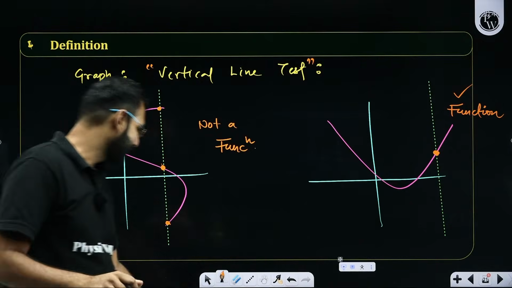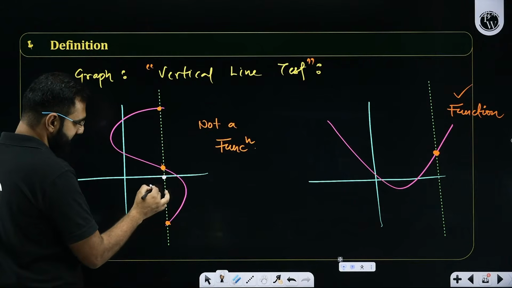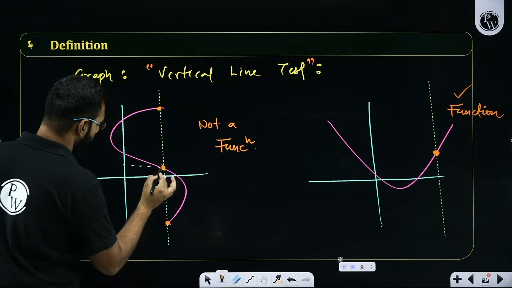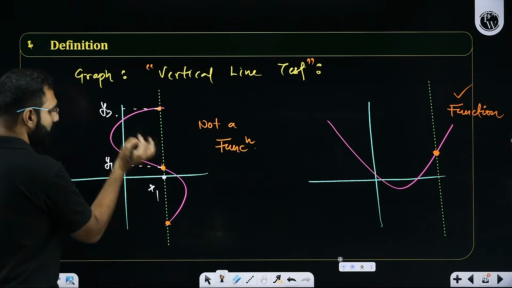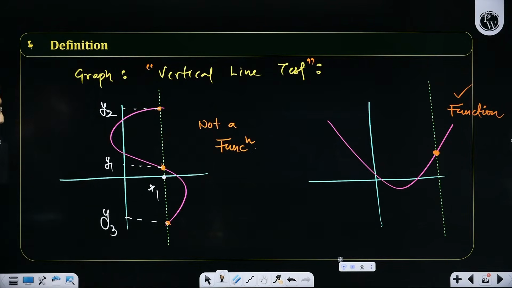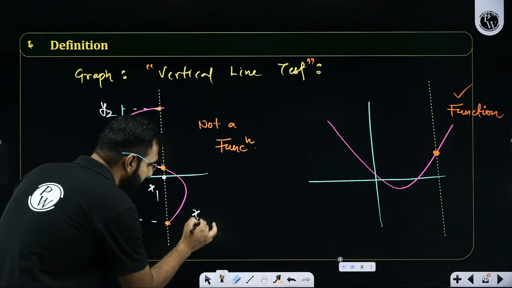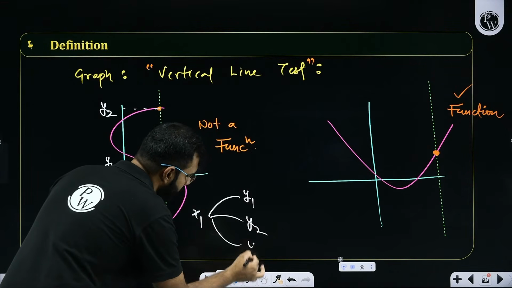I hope some of you must have already noticed that, sir, if this is an input, let's say x1, here I am receiving an output which is y1 corresponding to x1. I am receiving another output which is y2 corresponding to x1. I am receiving another output which is y3 corresponding to x1. So if I look at its mapping, x1 will be mapped with y1, with y2, and with y3.